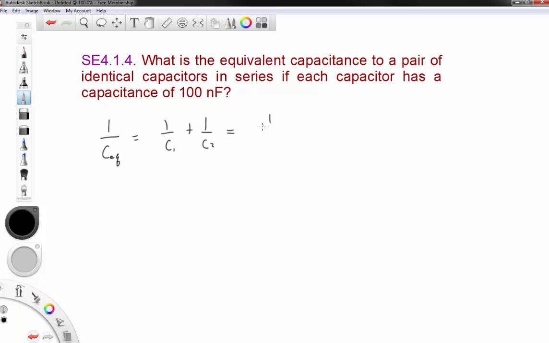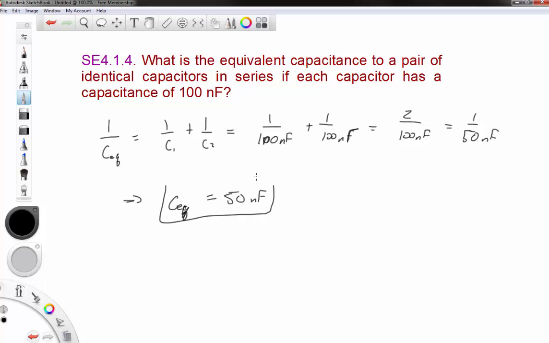So this is 1 over 100 nanofarads plus 1 over 100 nanofarads, which is 2 over 100 nanofarads, which is 1 over 50 nanofarads. So therefore, the equivalent capacitance for this pair in series is going to be 50 nanofarads, which is half as much as the capacitance that we had for each one of these.